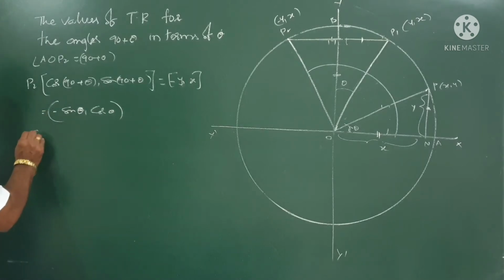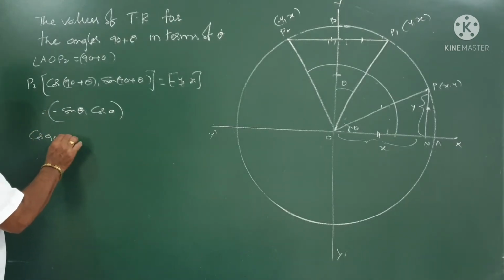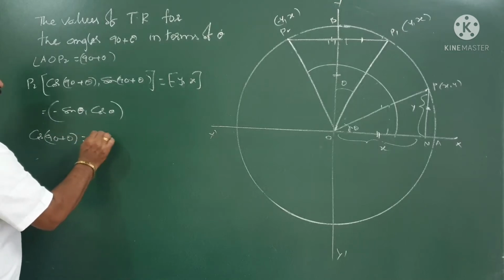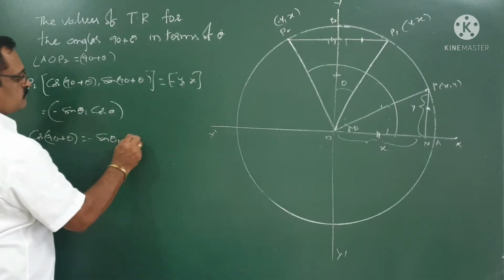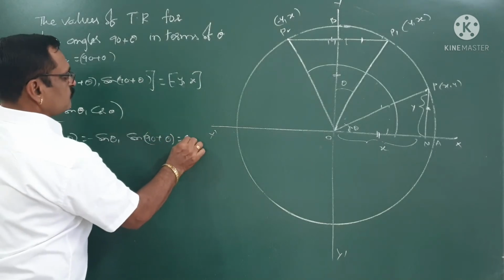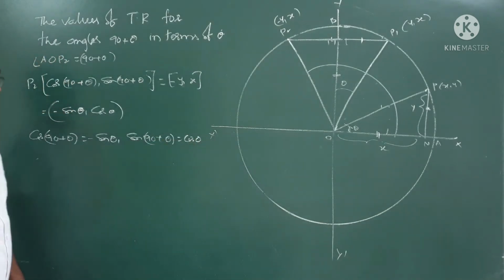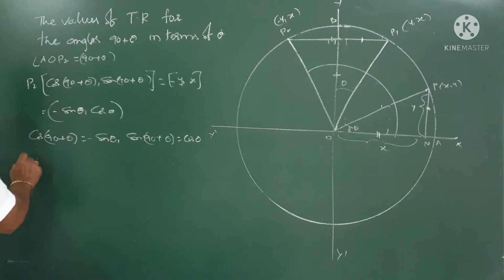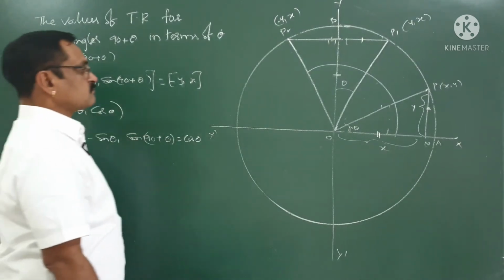Therefore, my cos of 90 plus theta is equal to minus sin theta, and sin of 90 plus theta is equal to cos theta.